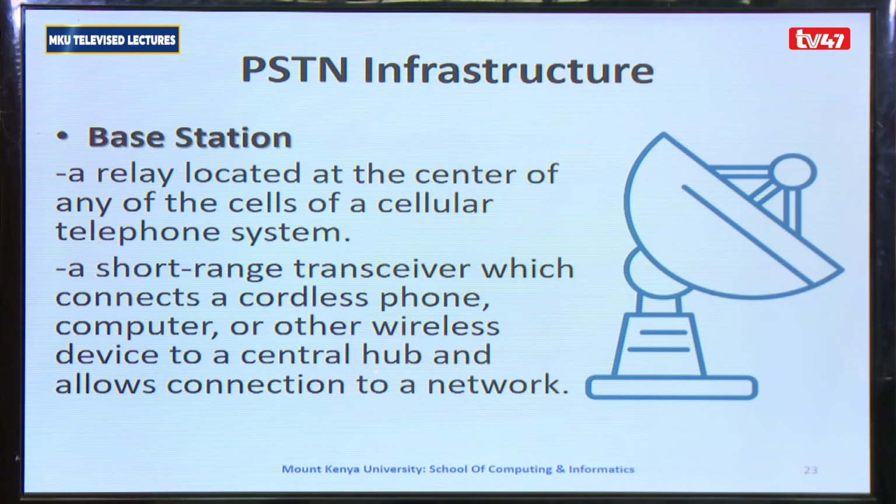By transceiver, we mean it has the ability to transmit and also receive a signal, which connects a cordless phone, a computer, or other wireless device to a central hub and allows connection to a network. So that's what we call a base station, and an image is provided there.